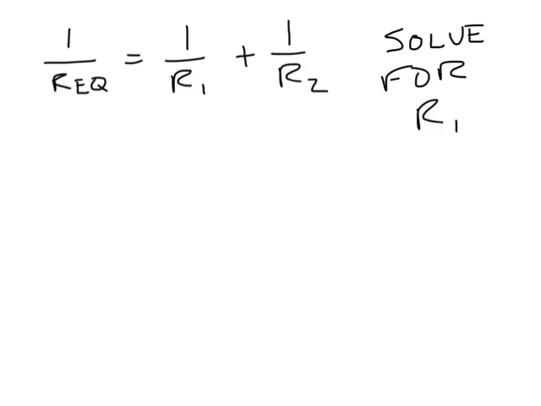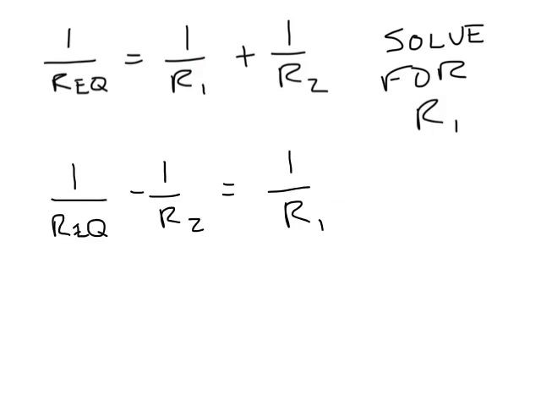Okay, now we're going to take the same equation and we're going to solve it for R1. So I'm going to do this a little different way just to show you a different way to go about this. It maybe doesn't look quite as pretty as the way that I showed you first, but it's quite all right. So I'm just going to subtract that from both sides. Okay, and now I'm going to take the inverse of both sides again, just to get rid of my reciprocal R1.